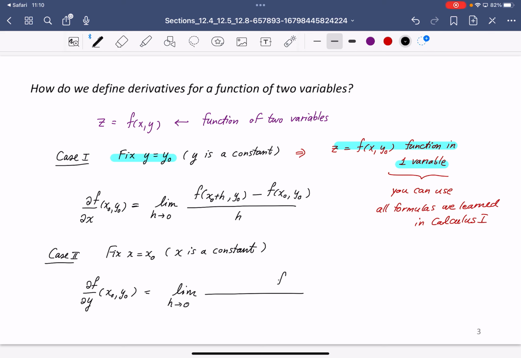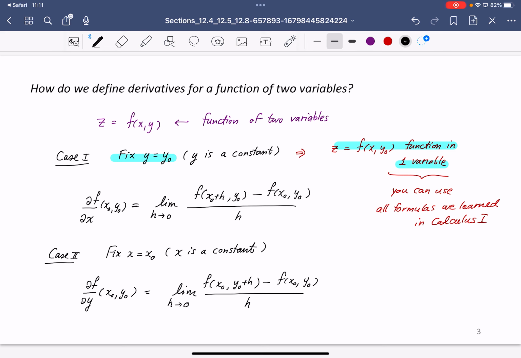This time you start from f(x0, y0) and go to f(x0, y0 plus h), because you fix x to be constant and move y from y0 to y0 plus h. And then you have the definition of the derivative.